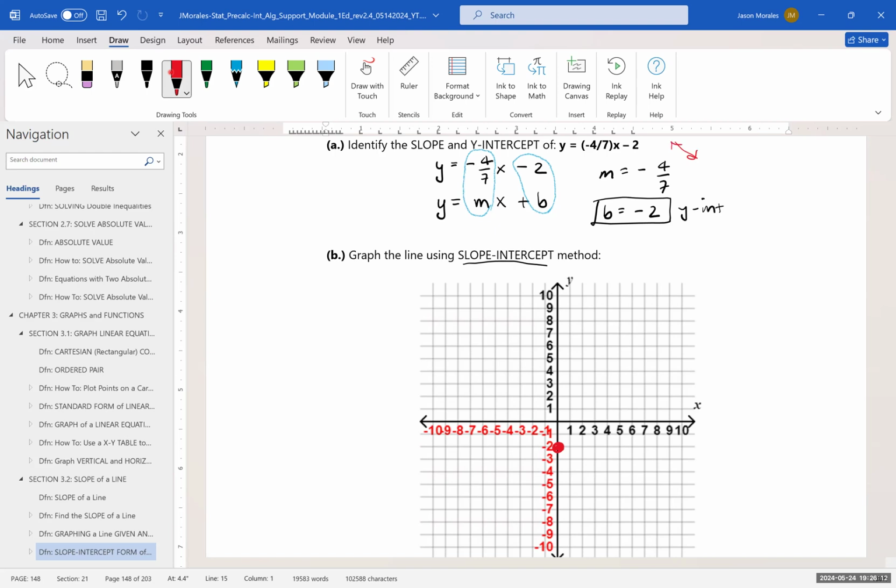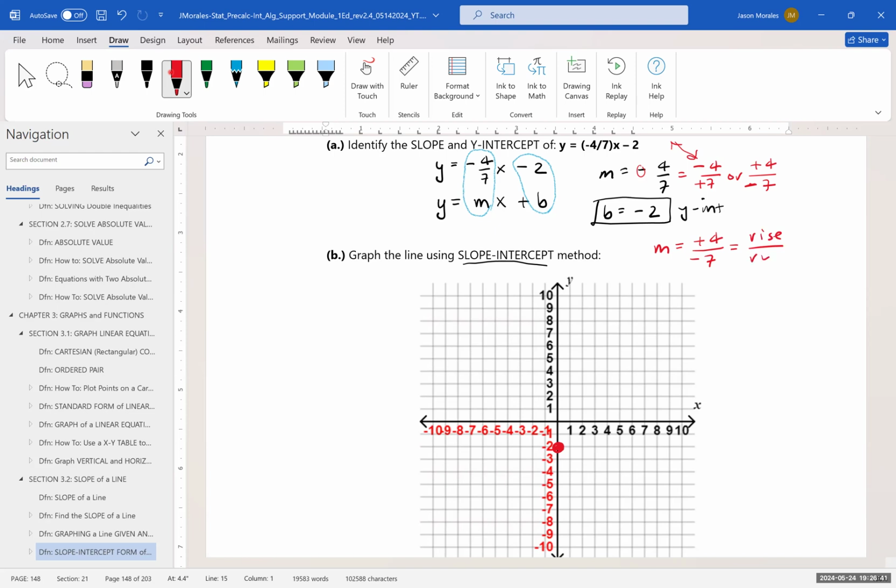That's what we would expect. And this negative, we could either write this as -4 over +7 or +4 over -7. Either way is fine. That still gives us a negative slope. So for the purposes of this example, let's write the slope as +4 over -7.